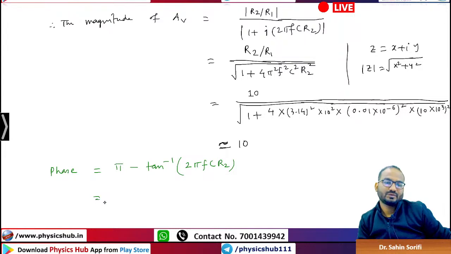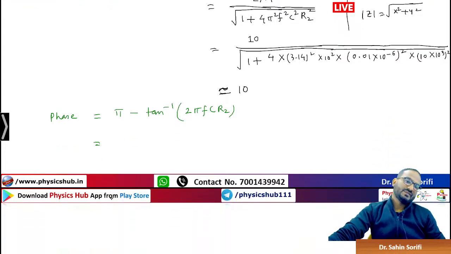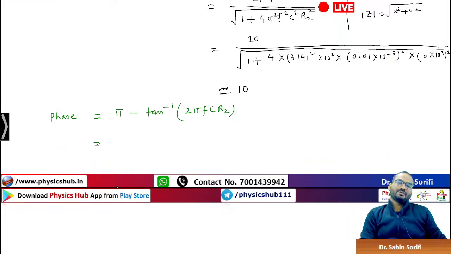Okay, now we have already done this phase information in one of the derivations in the last class.